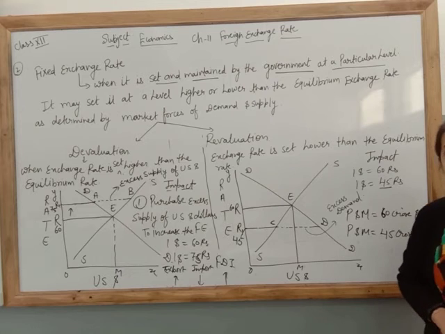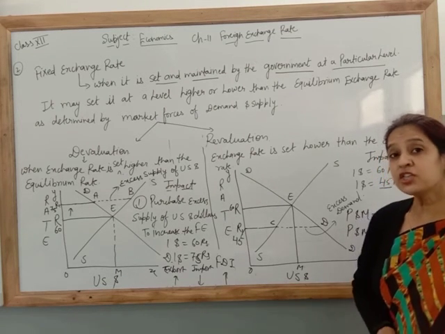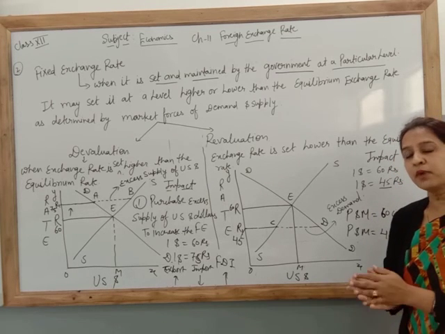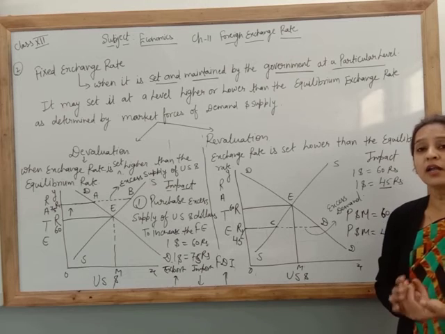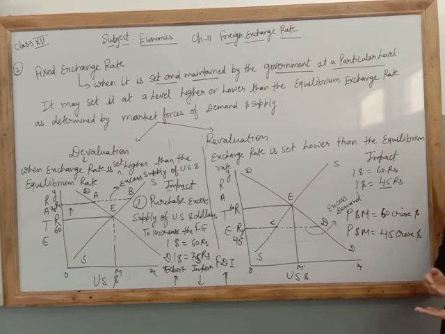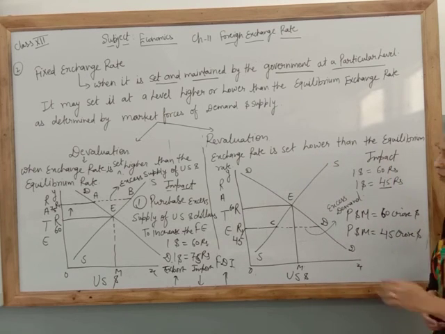There is a difference between revaluation and appreciation. What is the meaning of appreciation? Appreciation is done by market forces, market demand and supply. But revaluation is done by the government intentionally, at a rate lower than the equilibrium rate.